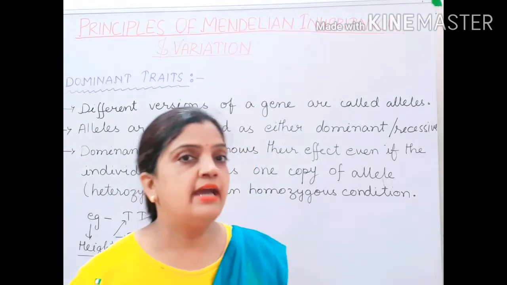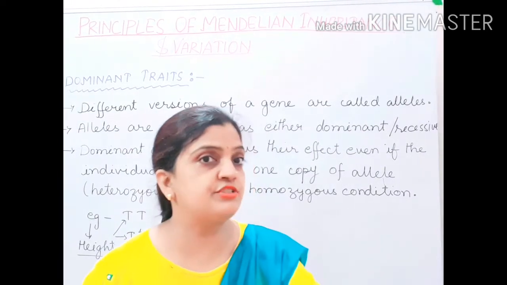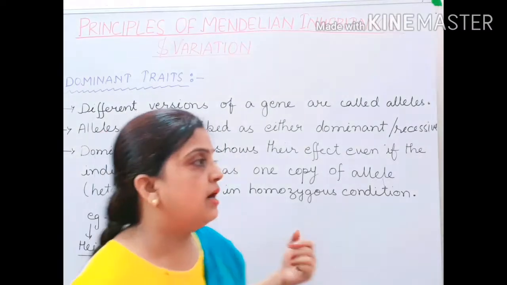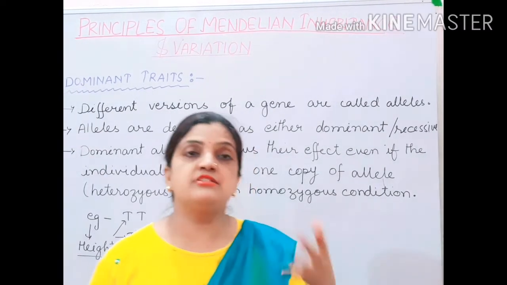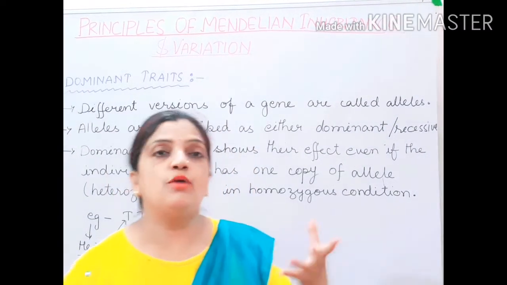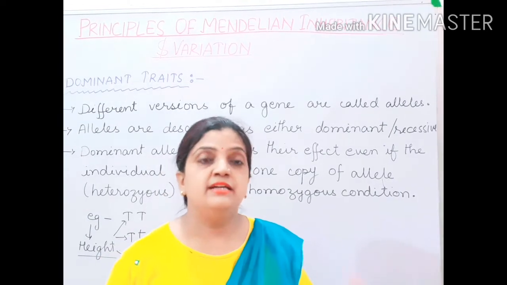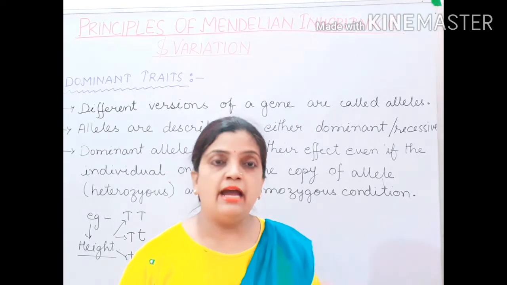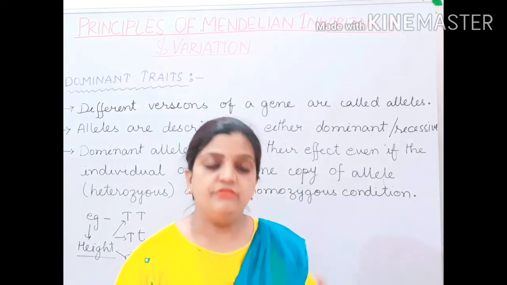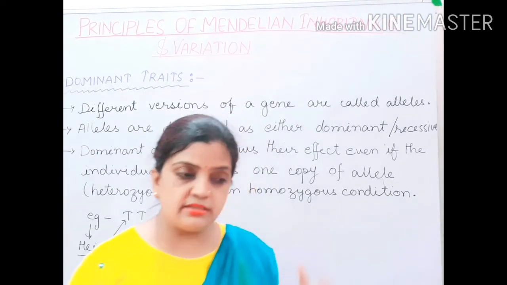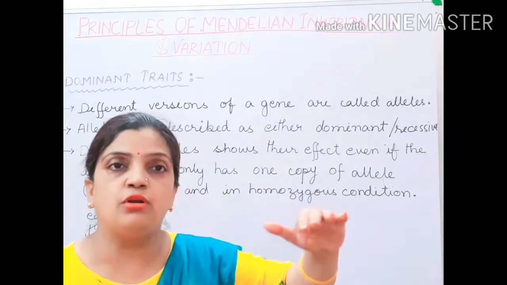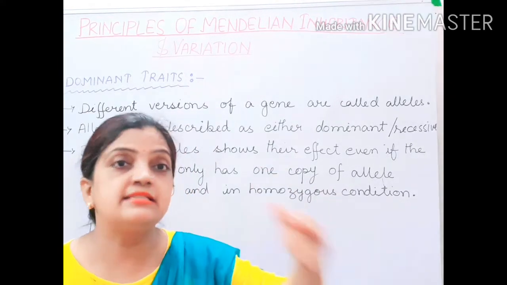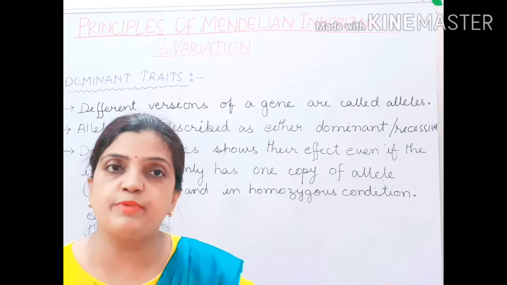Dominant means the expressed character, the characters which we can see. I told you that phenotype is the characters which we can see, which are observable, which are expressed. Tallness is a character, and we can see a person, a plant, or any organism to be tall. Why? Because it is expressed because of the genes present in them.